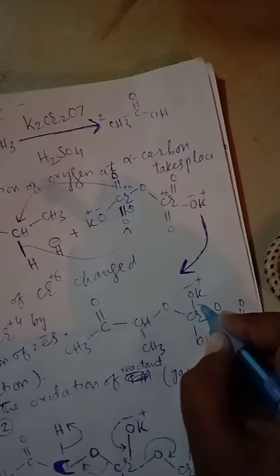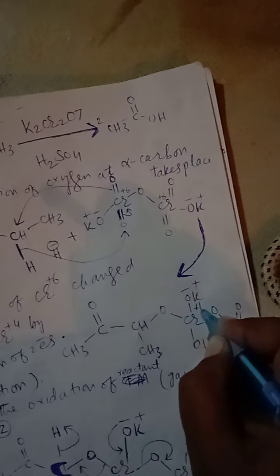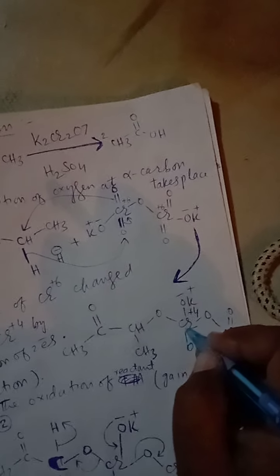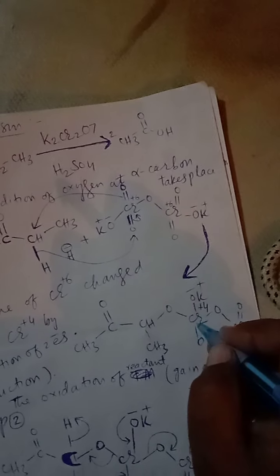Here in this state, Cr+6, while in this one, it is plus 4. The oxidation state of Cr becomes less, becomes Cr+4.